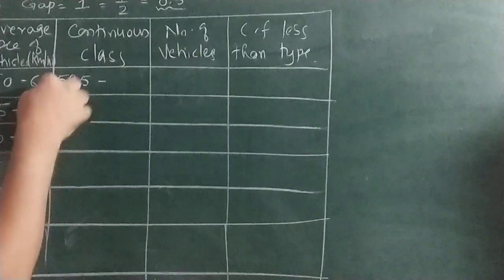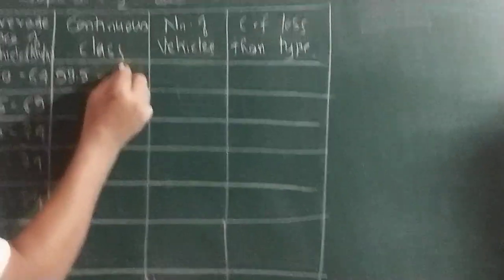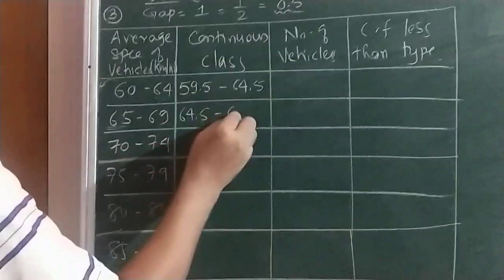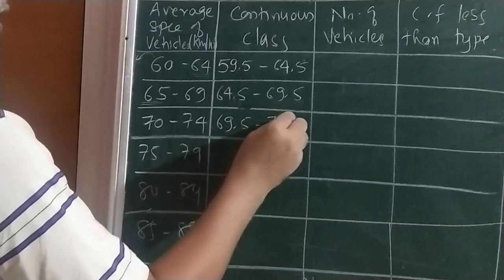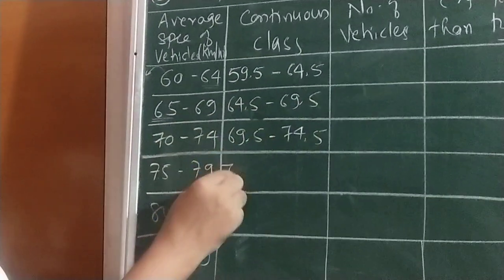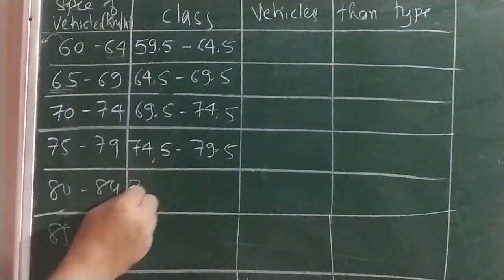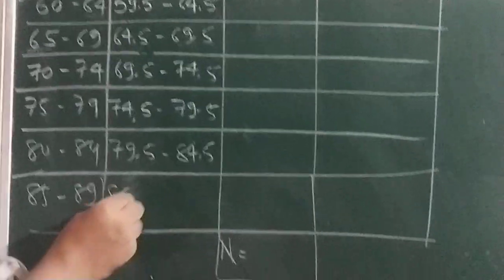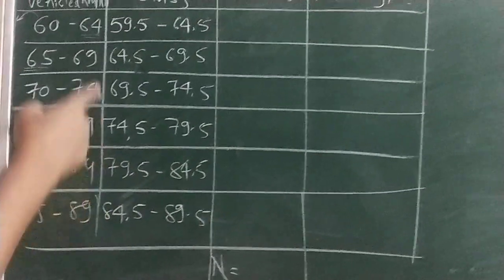Here add the same number: 64 plus 0.5 is 64.5. Then 64.5, 69.5, 69.5, 74.5. Once you get one, you can get all the numbers. 74.5, 79.5. Now look at the classes. Yes, they are continuous.